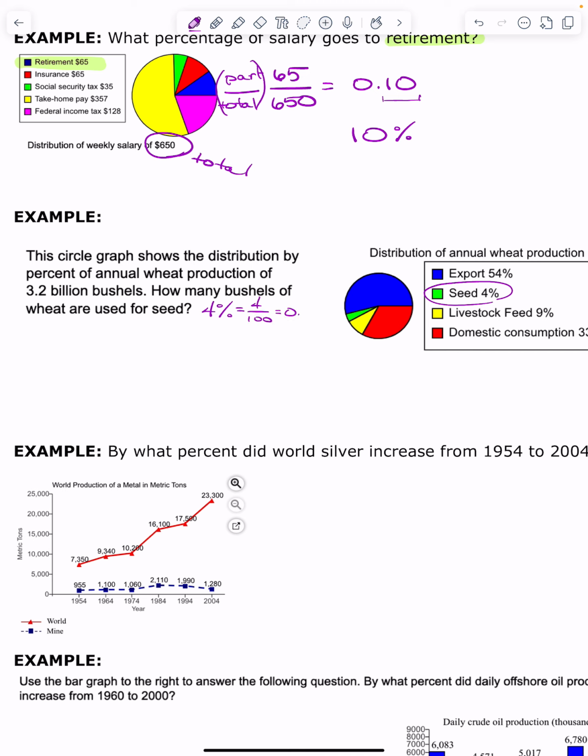When we plug that into the calculator and divide, we get 0.04. So it's 4% of our total 3.2 billion, so 3,200,000,000. And when we multiply that, we get 128 million bushels.